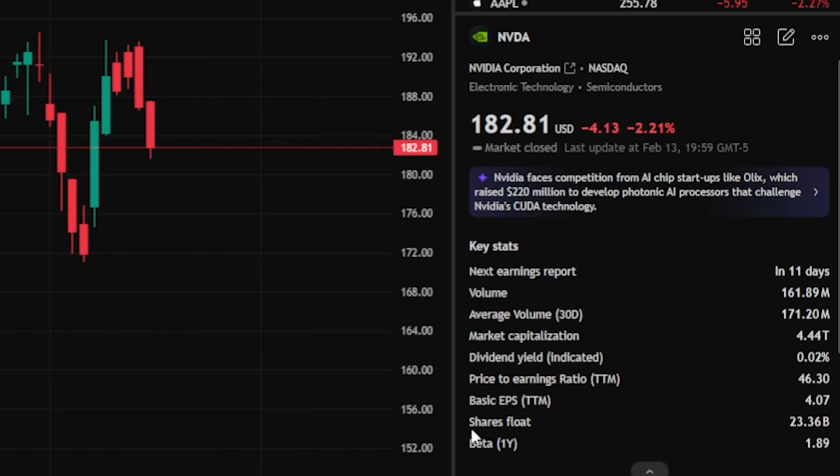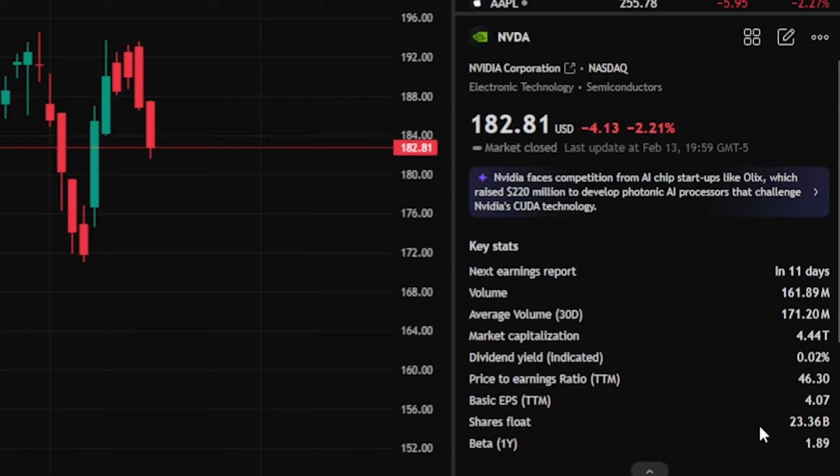And then this is also one thing that gets majorly overlooked, the share float. This is essentially how many shares are available to buy, how many shares are available to purchase. And with these two items, the market cap and share float, you can essentially calculate the supply, the share float, and the demand, the market cap, to find out where price should be.